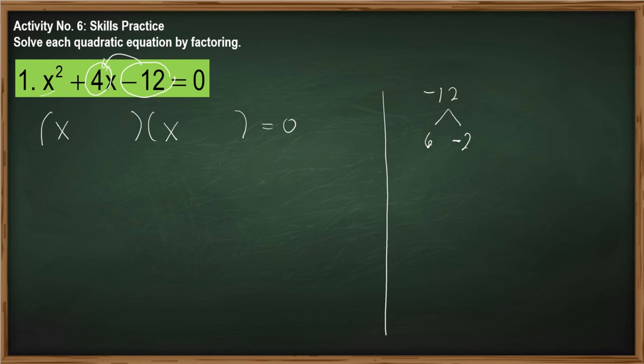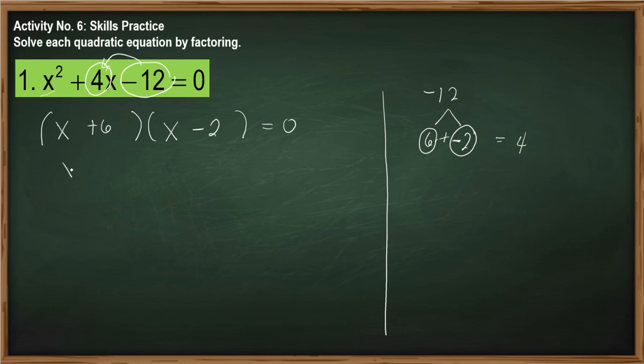Okay, in which we are going to add 6 plus negative 2, the answer is equal to positive 4. So, ito na ngayon ang ating factors. Ganun lang kadali. Para hindi masyadong marami yung maiisip natin na factors. So, we have positive 6 at saka negative 2.